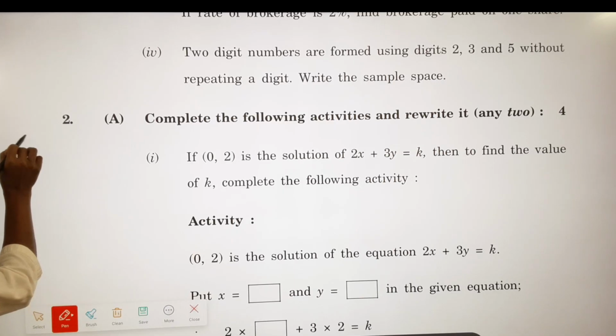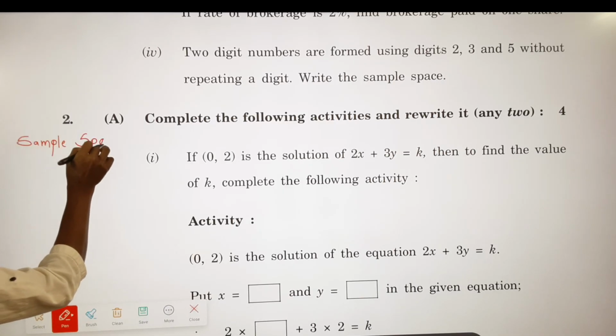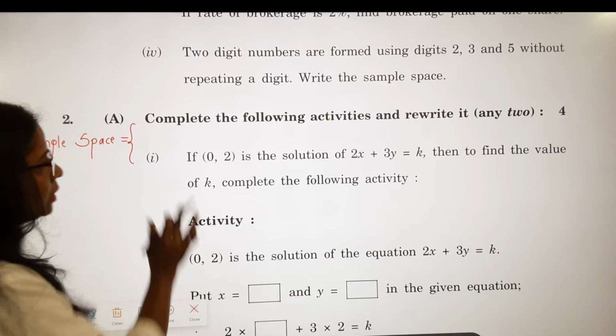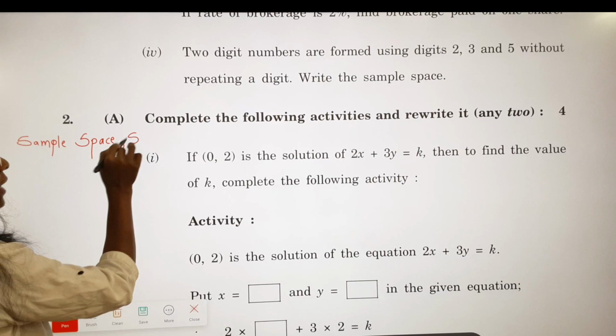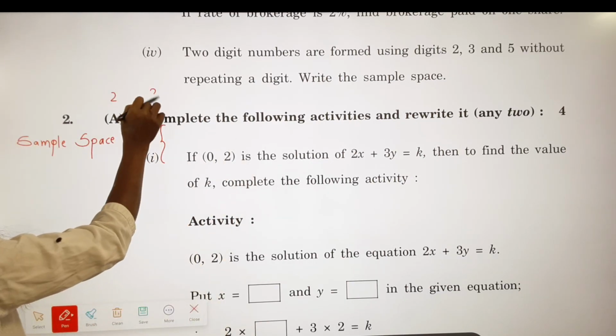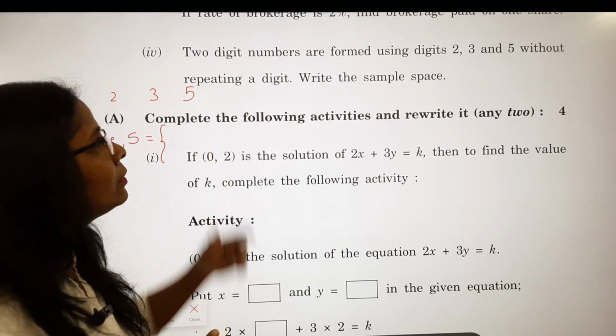So now the sample space is represented by S. The numbers are 2, 3, 5, and the condition is without repeating a digit.